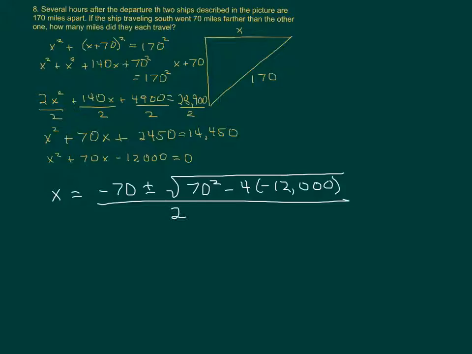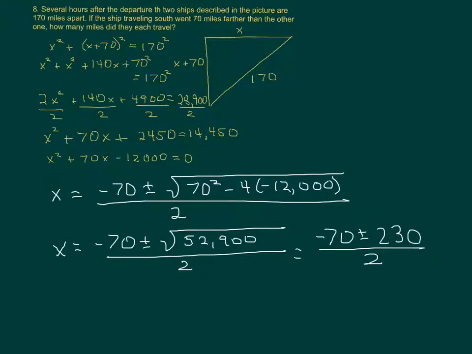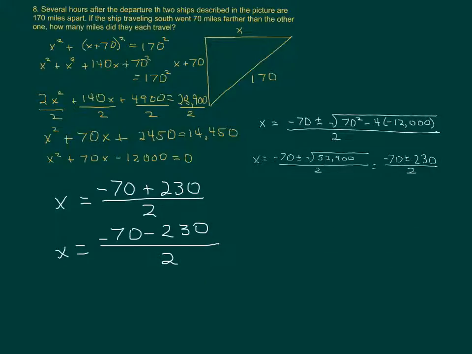Okay, so let's simplify that. And so we get that x is negative 70, and then 70 squared plus 48,000 gives you 52,900. Square root of that is 230. So x is either equal to negative 70 plus 230 over 2 or negative 70 minus 230 over 2.